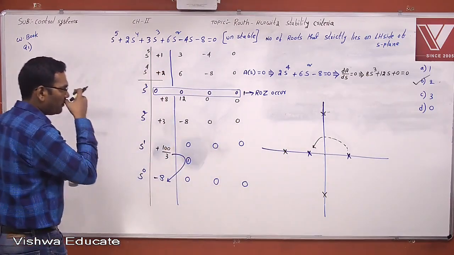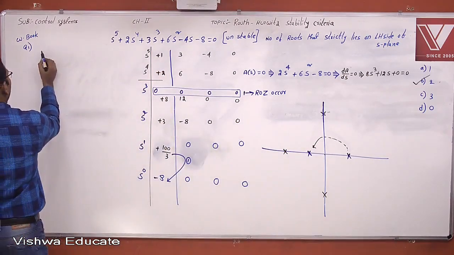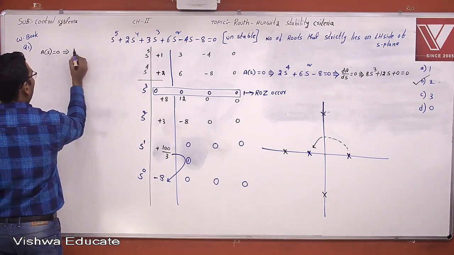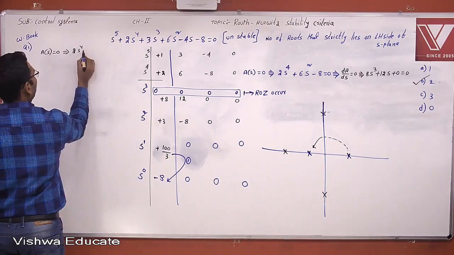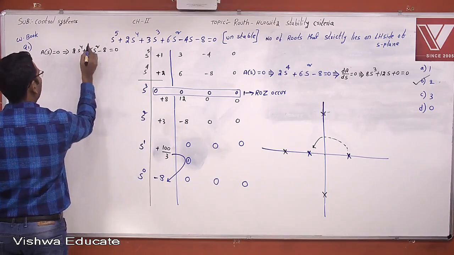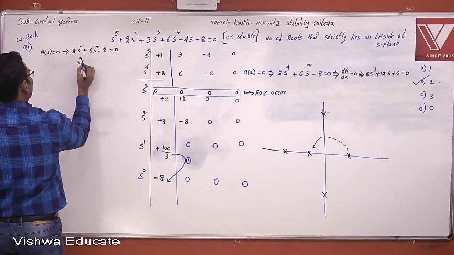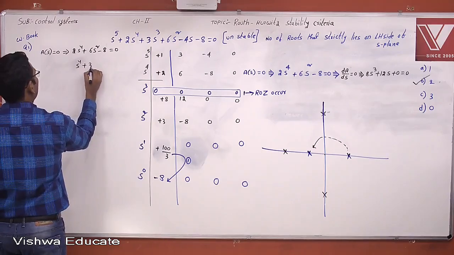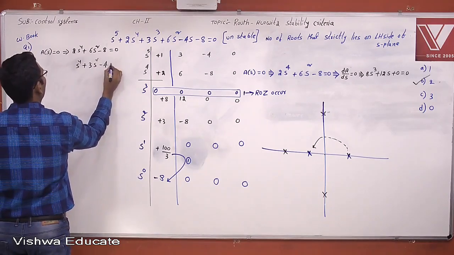Now if you have some confusion, that's why we do the auxiliary equation also. Auxiliary equation: 2s power 4 plus 6s square minus 8 equal to 0. Take 2 as common: s power 4 plus 3s square minus 4 equal to 0.